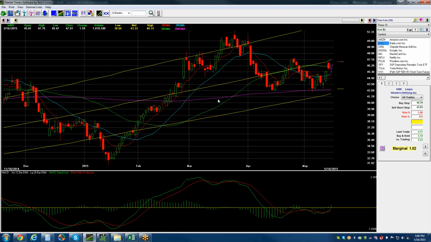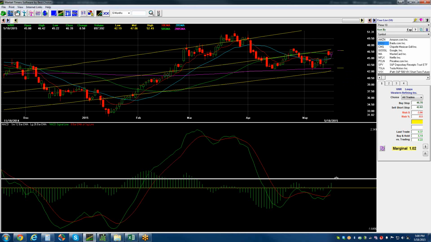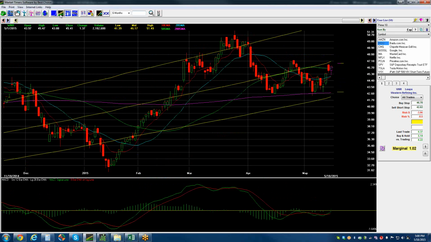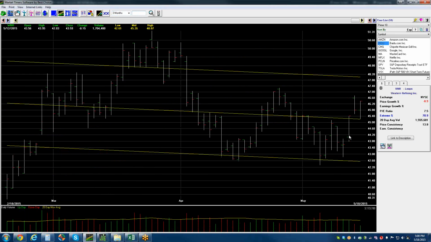Yeah, it just bounced off the 200. You see that? You got a MACD that's pulling up after being oversold. Half purple hash mark, 90% probability. I'd wait a little bit, let it pull up. Yeah, probably right around this area here. $47 and 47 and a half, right about there.